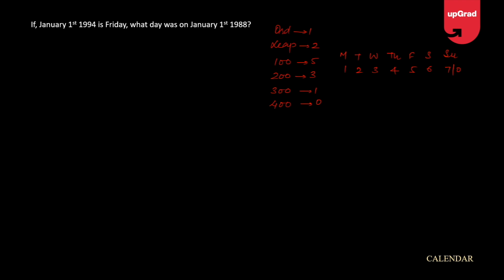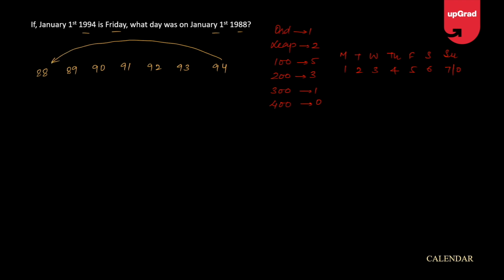Now let's come back to the question. 1st of January 1994 is a Friday. What day was January 1st, 1988? This time we are going back. We have to traverse 88, 89, 90, 91, 92, 93, and 94. We start from 94 and travel all the way to 88.